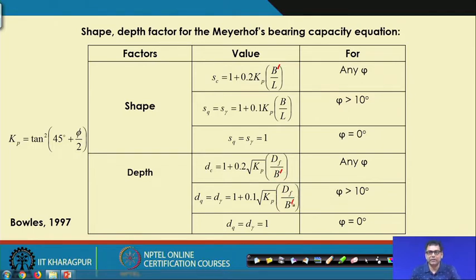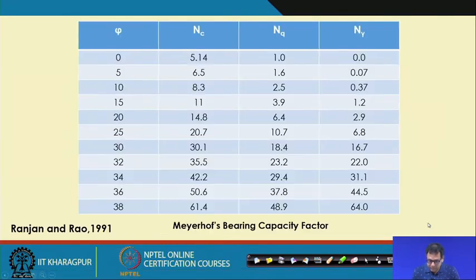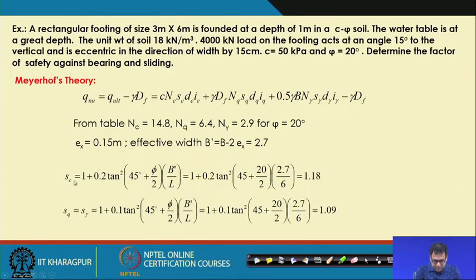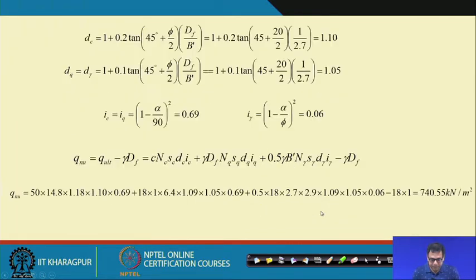Now if I go back to SC, this expression will use B dash and L. If I put this value I will get 1.18. Similarly, SQ and S gamma will give you 1.09.